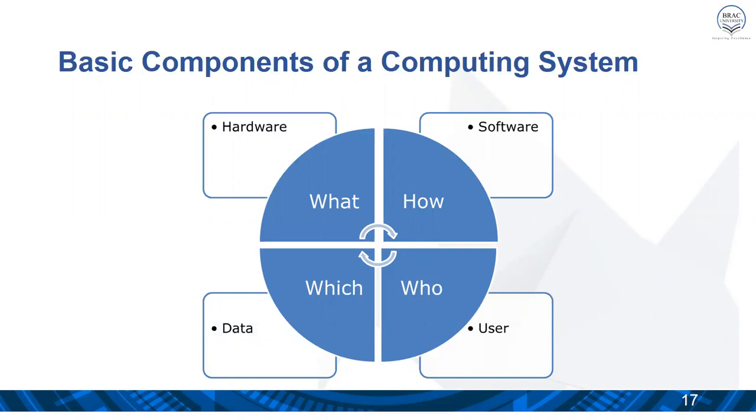Software is another important component of a computing system. Without software, the physical computer is nothing but an iron box. So, software is the actual driving force of the computer.